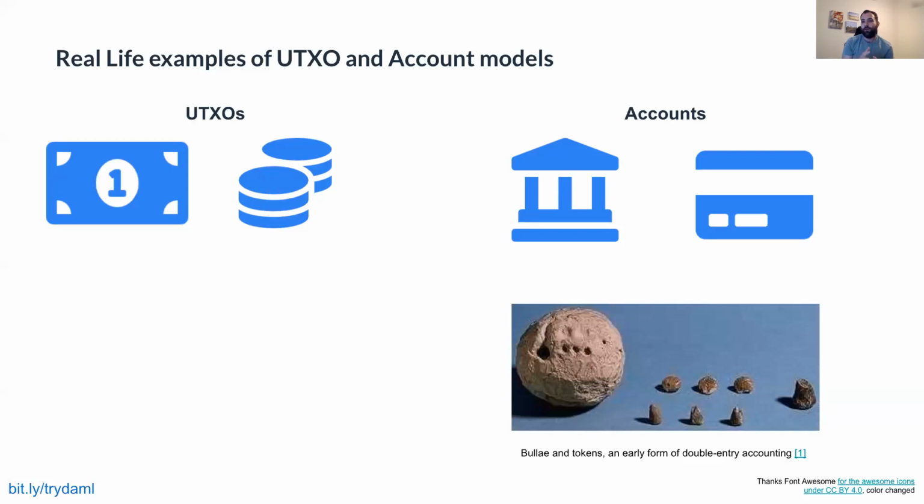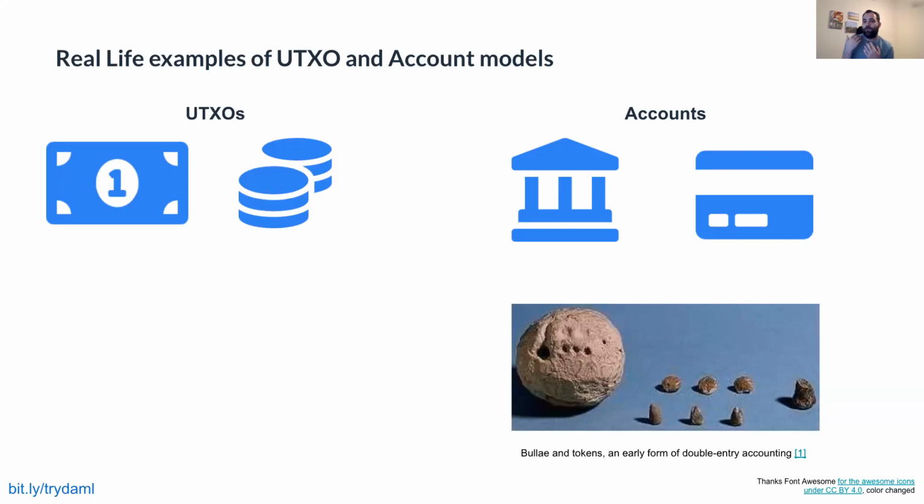UTXOs have largely existed in the form of divisible and fungible bearer instruments, so that's cash, coins, gold, and all that, and accounts in the form of various types of ledgers that involve either single or double entry bookkeeping. So debt IOUs, bank deposits, these interesting, very old things called bullae, and things like credit card accounts also fall under the account models, and it's in the name.